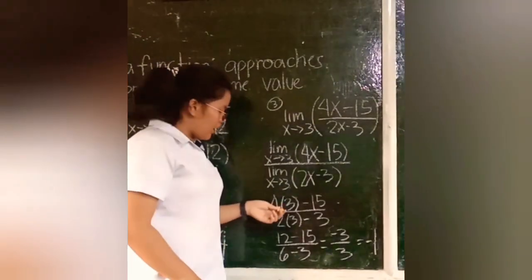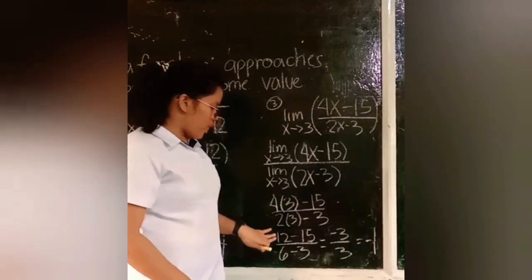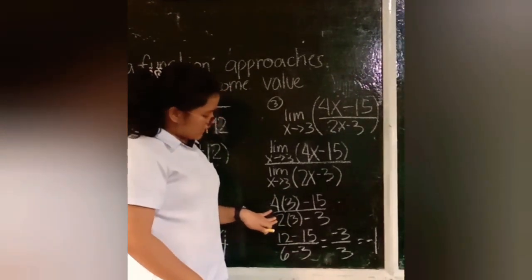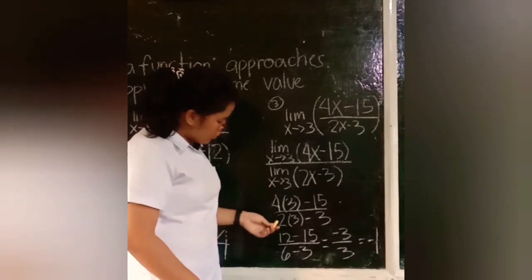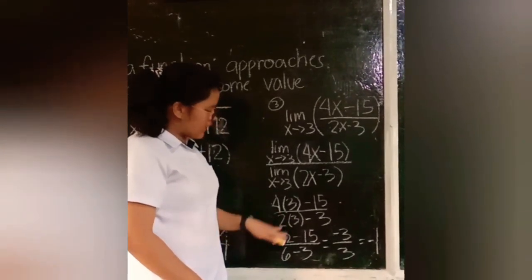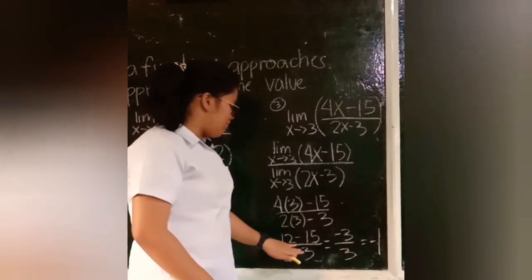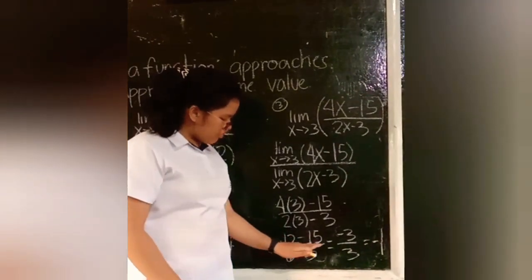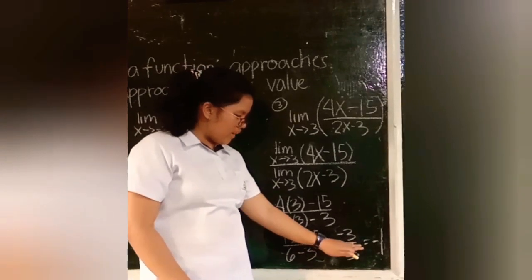4 times 3 is 12. So bring down 15. So the denominator is going to be 2 times 3, so 6. So bring down negative 3. So 12 minus 15 is negative 3.